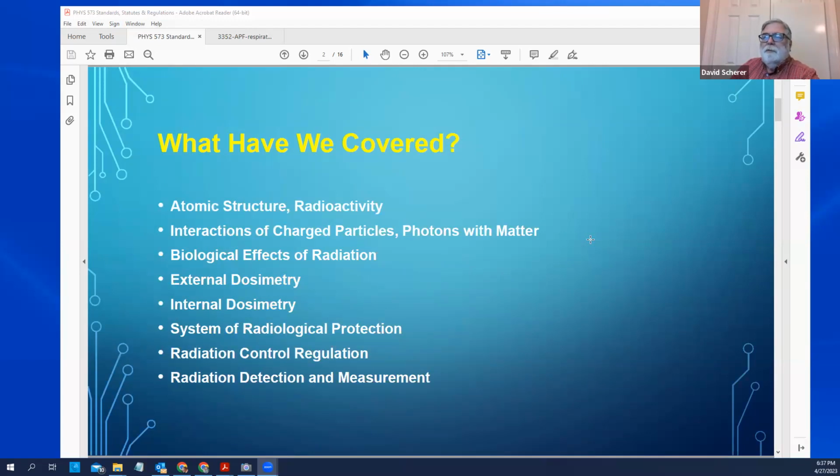We began with a review of atomic structure and radioactivity and some basic physics. We talked a little bit about the interaction of charged particles with matter, the interaction of photons with matter. So we learned all about the stopping power, the mass stopping power, the various attenuation and energy absorption coefficients, and how energy is transferred from radiation to matter.